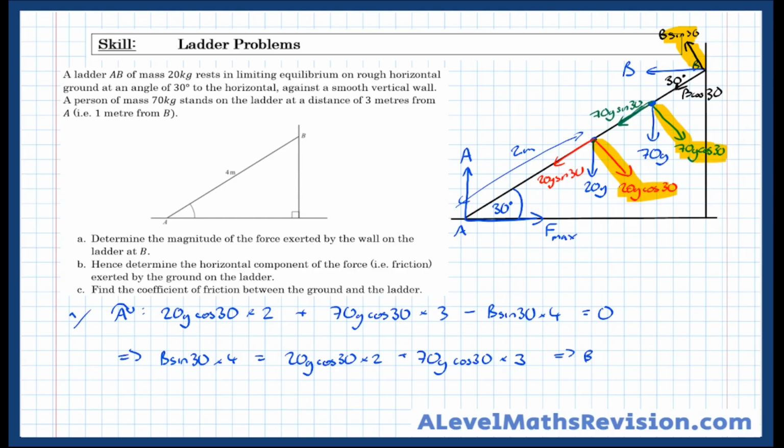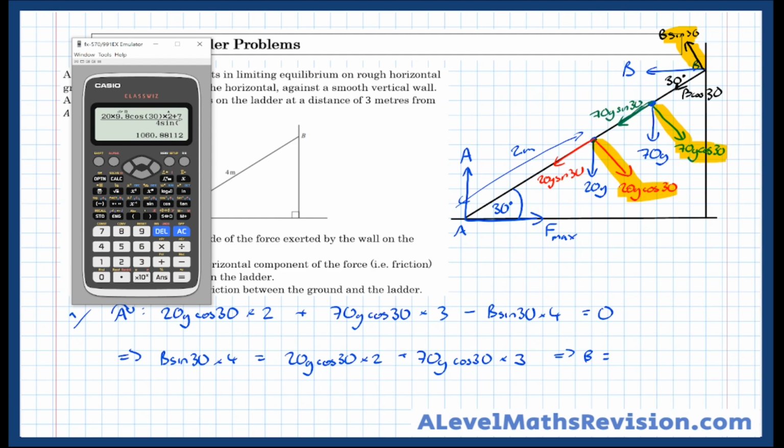So that means that B equals, and let's put that in the calculator. So put the right hand side in the calculator on the top of the fraction. So we've got 20g cos 30 times 2, and we've got 70g cos 30 times 3, divided by 4 sin 30, which is equal to 1060.88 newtons.